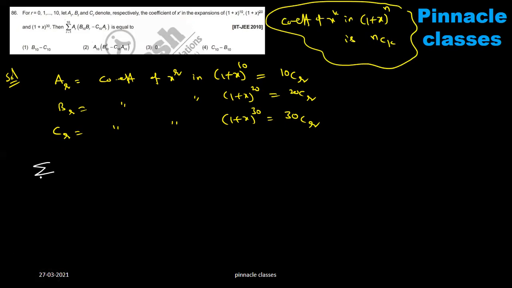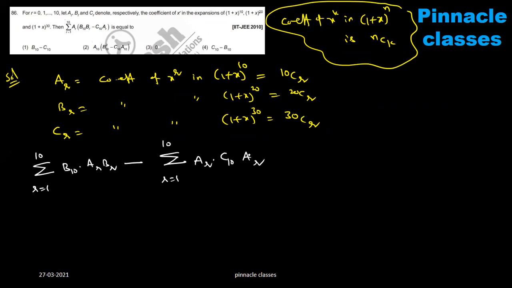Come to the question. Sigma r from 1 to 10 of Ar (Br minus B10 Ar) minus sigma r from 1 to 10 of Ar (Cr) ... this is the question.